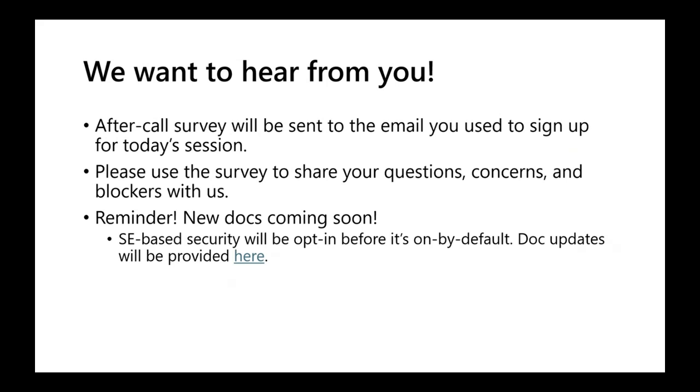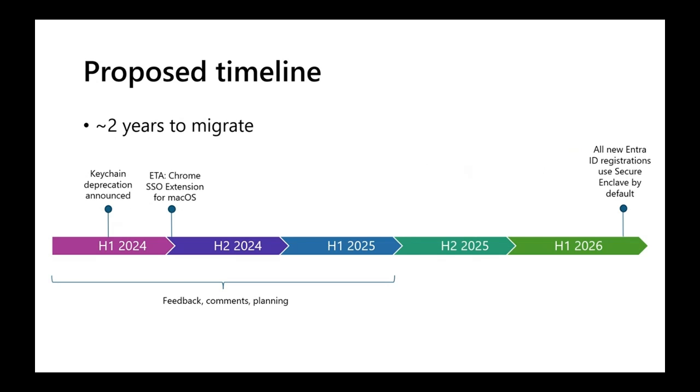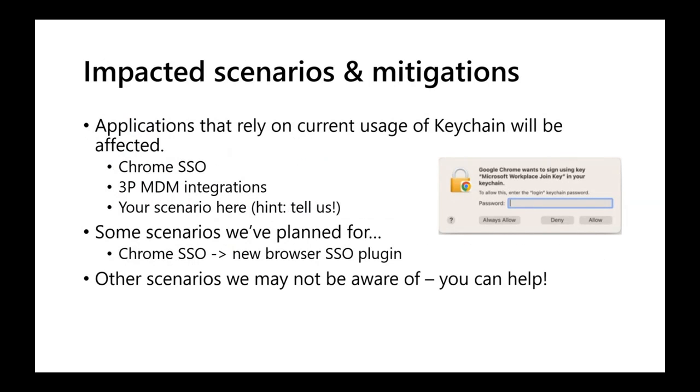The next question, and I think this was addressed in the slides, but I'll touch on it again, is whether there is any impact on enterprise applications such as Zscaler or Outlook or Office 365 installed on macOS. Anything that talks to the broker to get tokens will continue to work. That means all of your Microsoft applications like Outlook, Teams, OneDrive, and Edge should continue to work fine.